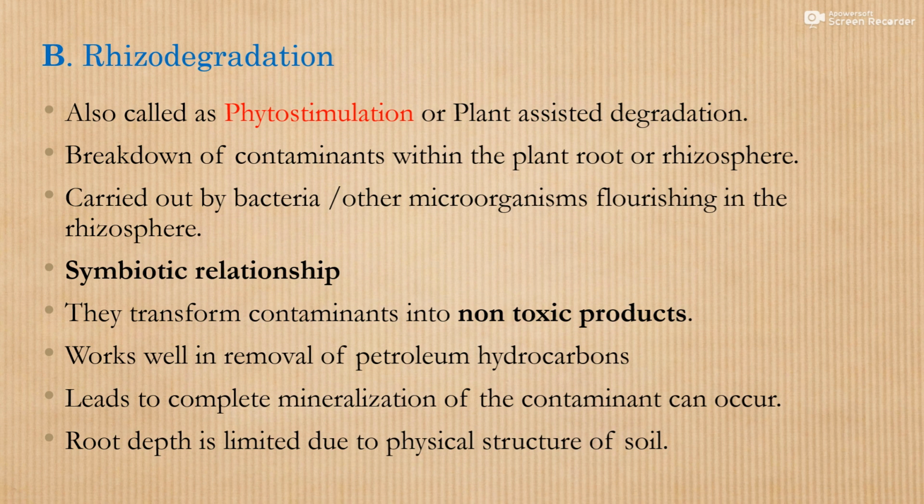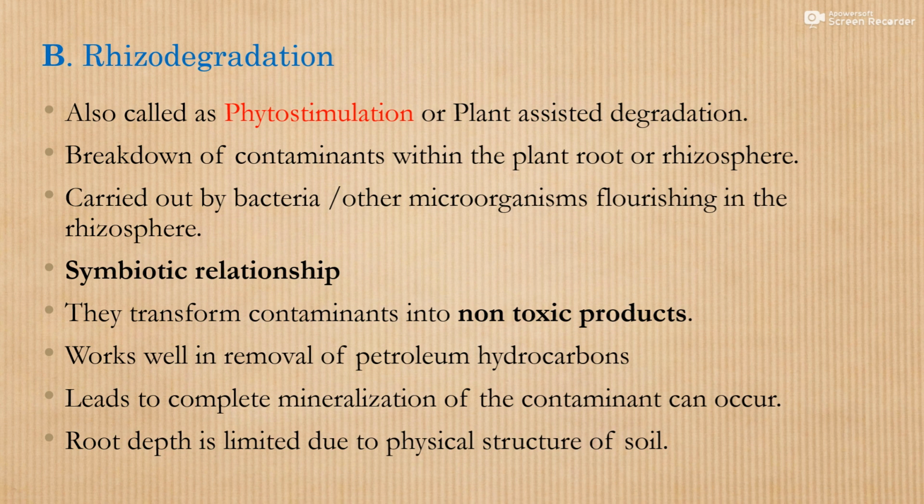Now, next is rhizodegradation. Rhizo stands for root. This breakdown takes place within the plant root or rhizosphere. So, it is also called phytostimulation or plant assisted degradation. And this is carried out with the help of bacteria or other microorganisms present in the rhizosphere, in the plant root.